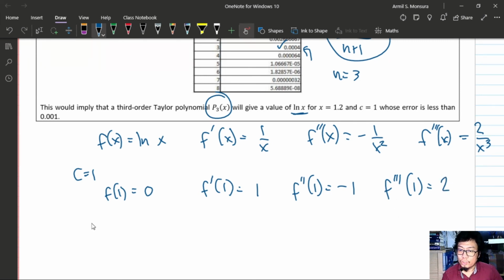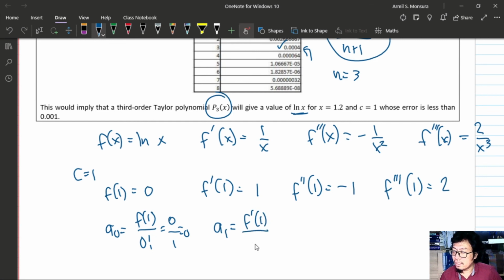So your Taylor coefficients are a0 equals f of 1 over 0 factorial. So f of 1 is 0, so this is 0 over 1, 0. Your a1 is f prime of 1 over 1 factorial, which is 1 over 1 or 1.